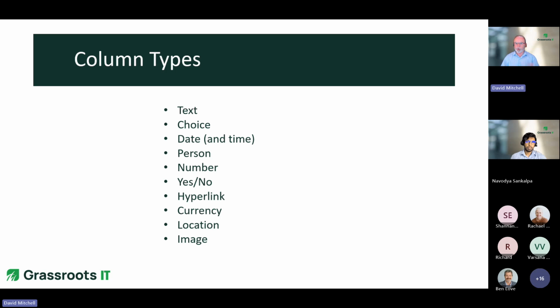Everyone using the Microsoft tenant has an identification, and that particular column type can utilize that identification, for example, who modifies a document. It also has yes and no, and it can hyperlink out to different external or internal links, and it has location, image, a variety of things like that.